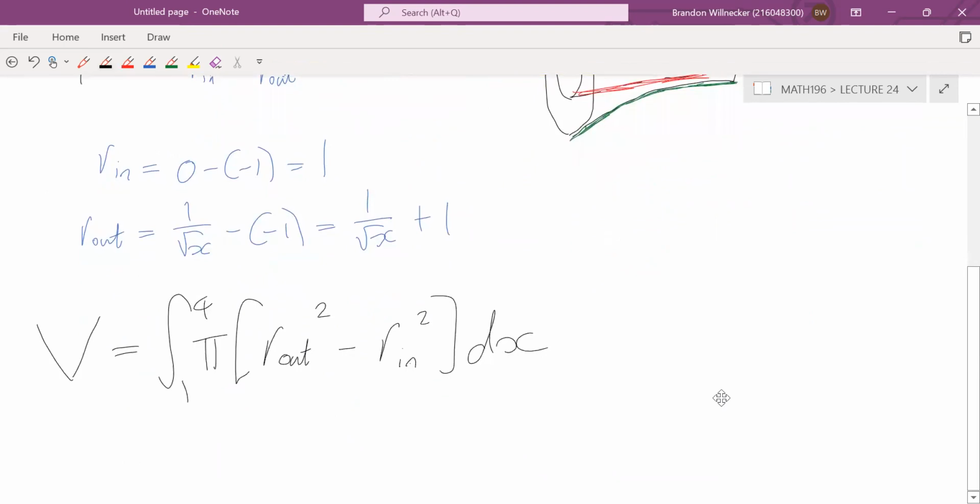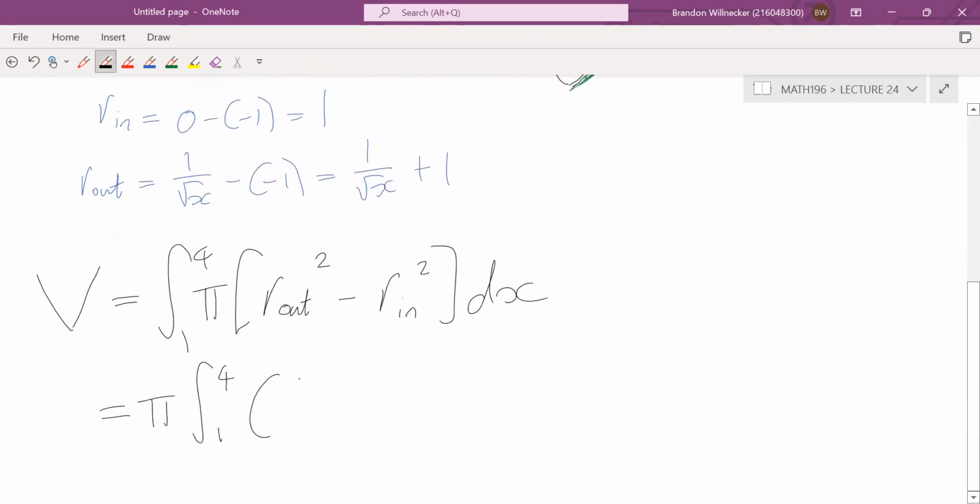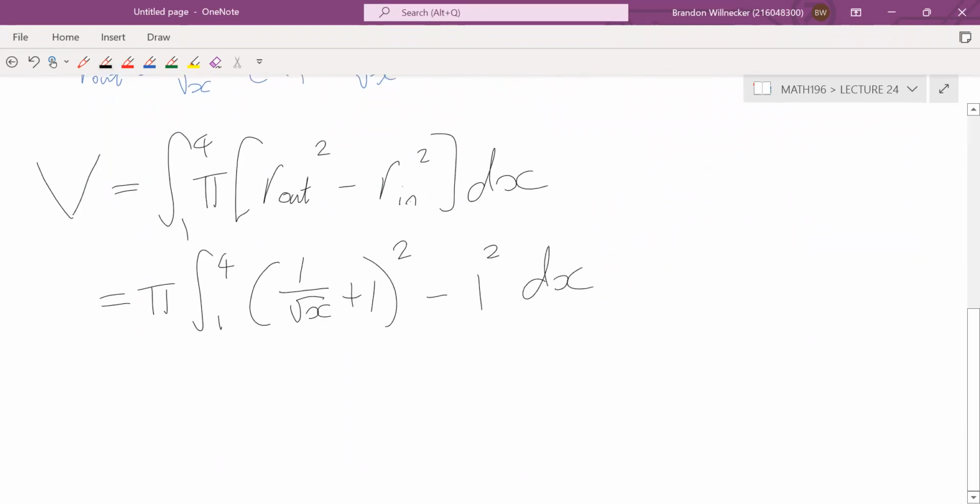Now we just substitute in. So this is pi times the integral from 1 to 4. R out squared is going to be 1 over root x plus 1 squared. R in squared is going to be 1 squared dx.